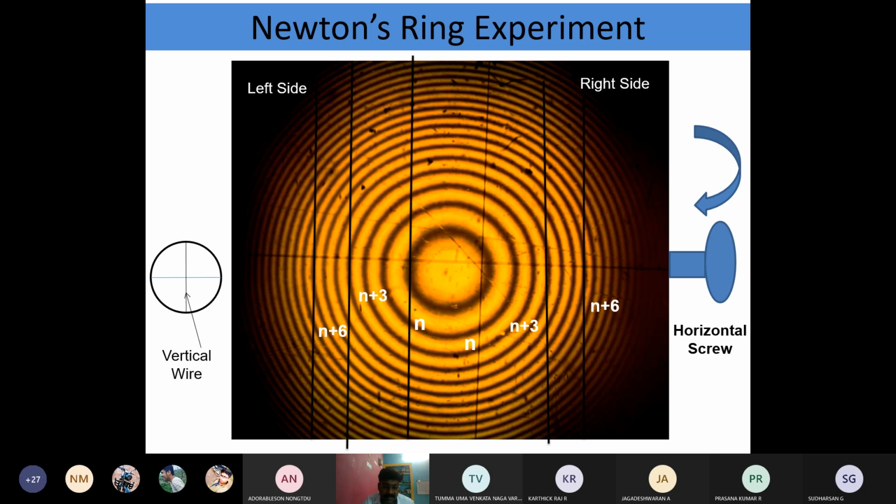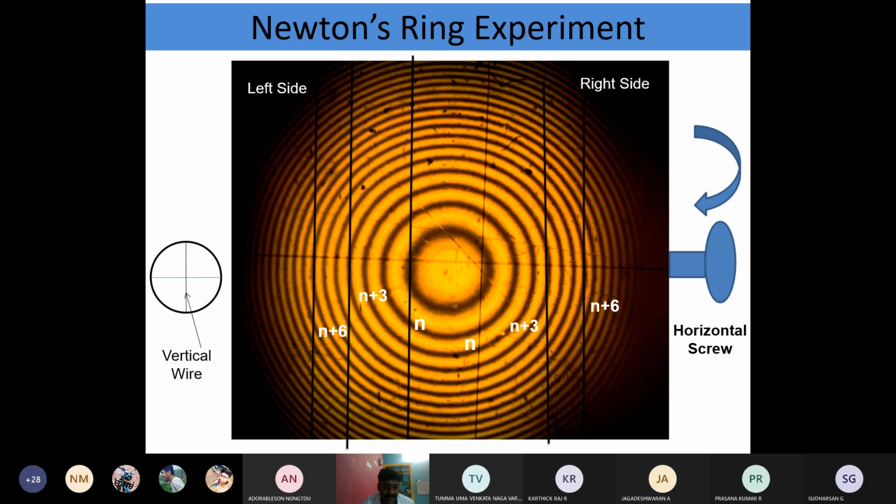Like that, by a similar procedure, we can take readings up to n plus 15 or n plus 18. Once you complete the left hand side, for example, if you rotate your horizontal screw in the clockwise direction, the microscope section is moving from right to the left side.